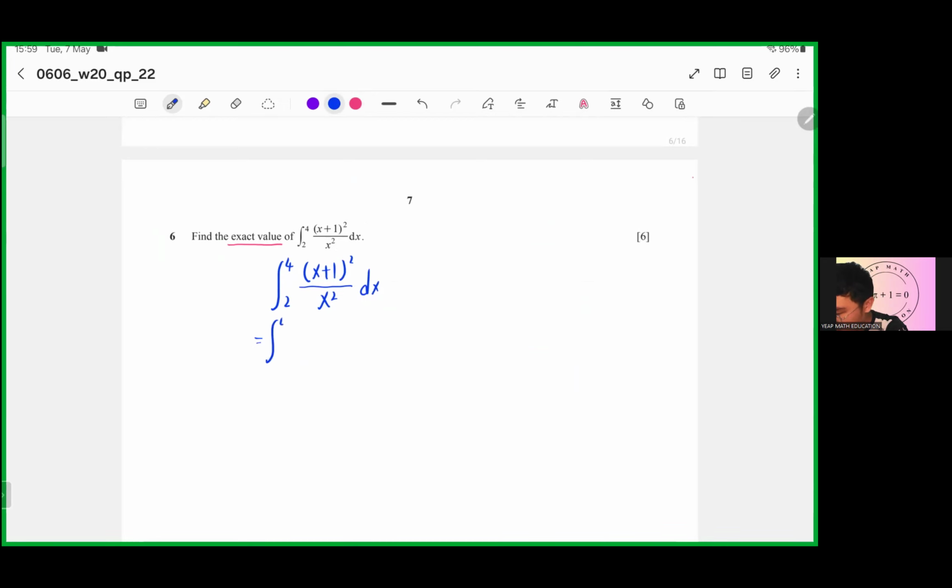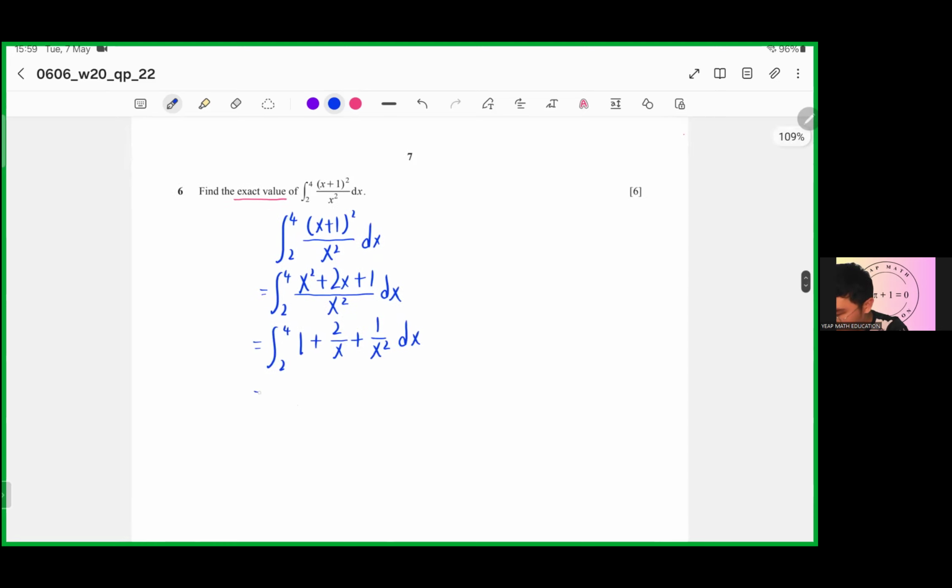Now we can start to expand: 1 plus 2 over x plus 1 over x squared dx.